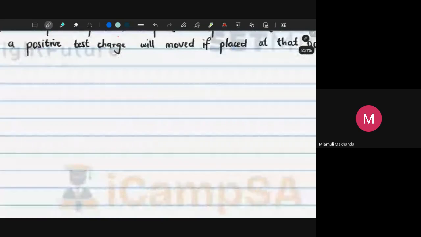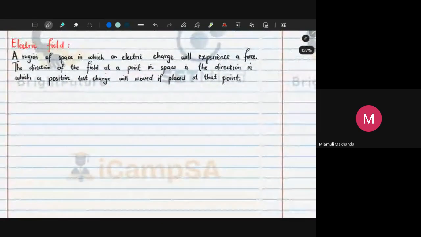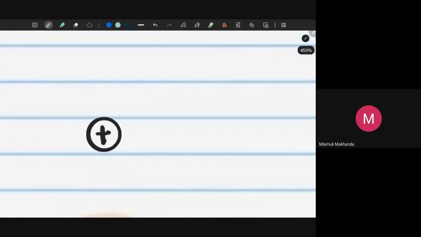Right. So what does all of this mean? Say, for example, if you have a positively charged sphere, right, and it has field lines.